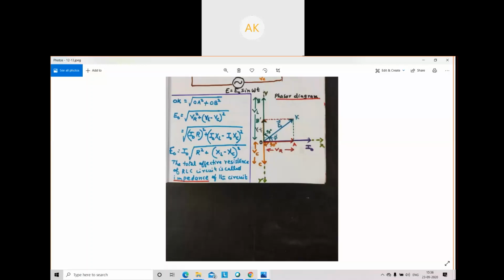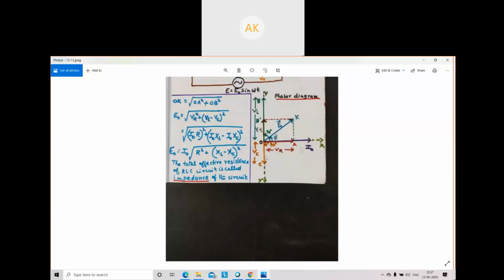That is shown here: VL is represented with the vector OB, VR with the vector OA, and the capacitor voltage VC with the vector OC. All the vectors are represented here: VR, VL, VC.